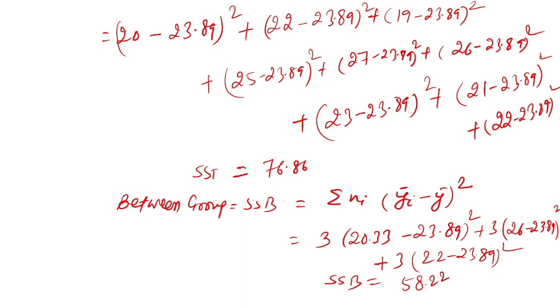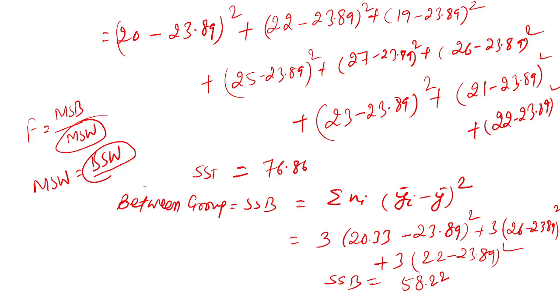So now we go to the next step, because for the F, we need MSB by MSW. To get MSW, we need SSW, the within sum of squares. So first we'll find the SSW. We know the formula SST is equal to SSB plus SSW.